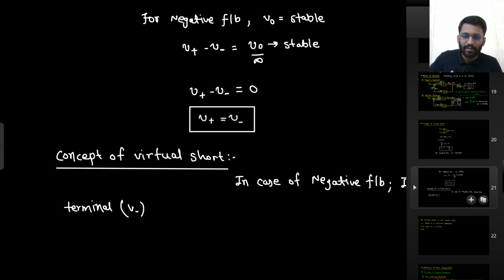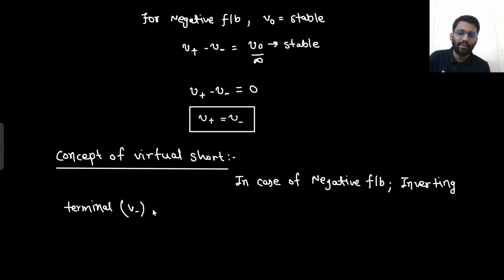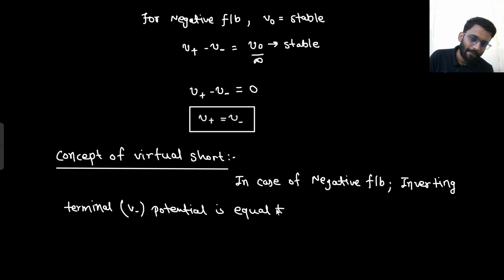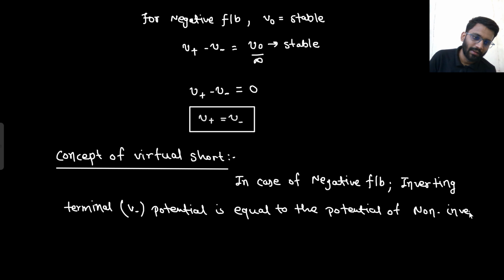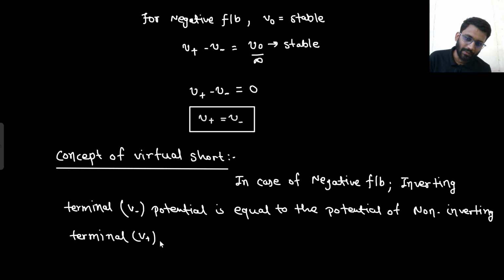So in case of negative feedback, the inverting terminal potential is equal to the potential of the non-inverting terminal, that is equal to V positive only.